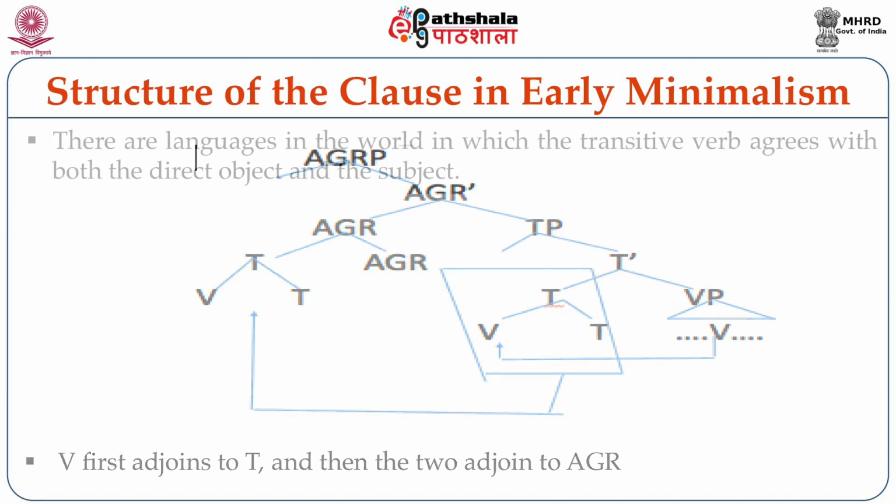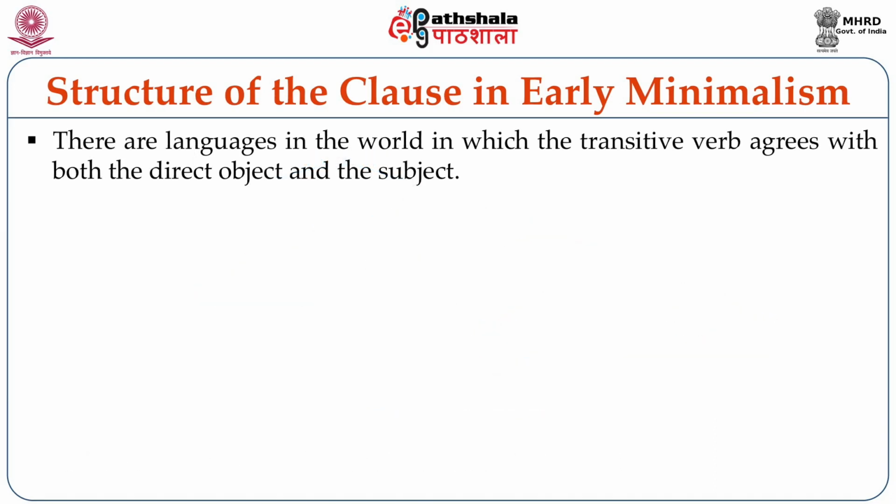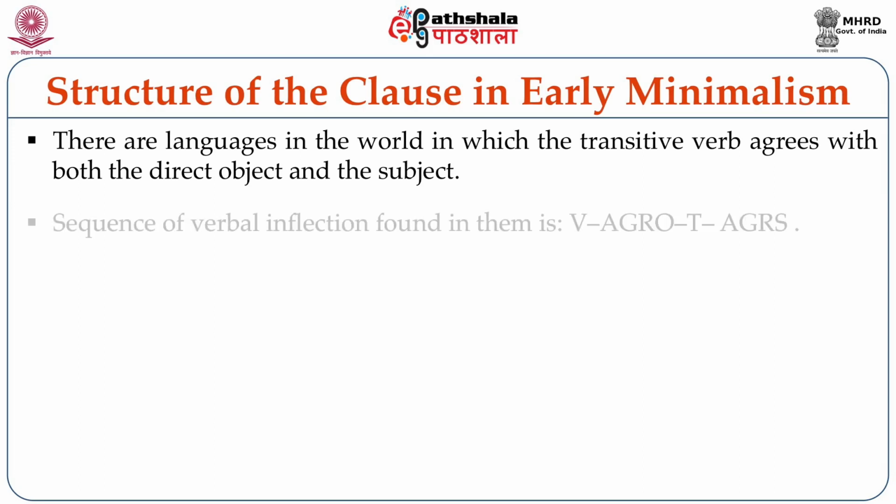Then there are languages of the world in which a transitive verb shows object agreement also. In these languages, the verb agrees with both direct object and subject. So the sequence of verbal inflection found in them goes like verb, agreement with object, AGRO, tense, agreement with subject, AGRS.